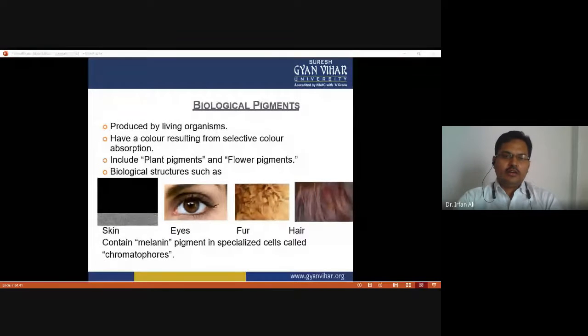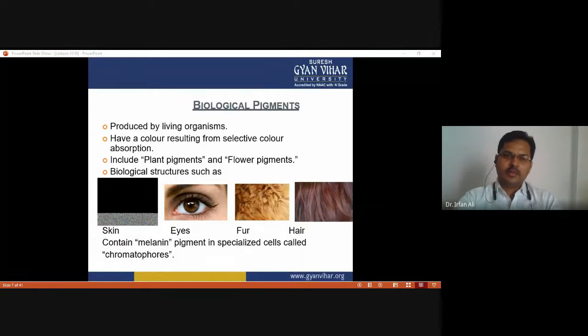Now, what is a biological pigment? All the pigments produced by living organisms are called biological pigments. The pigments found in the skin, in the eyes, in the fur or hair, all these are biological pigments. These pigments are produced by living organisms and have a color resulting from selective color absorption, and include plant pigments and even flower pigments.